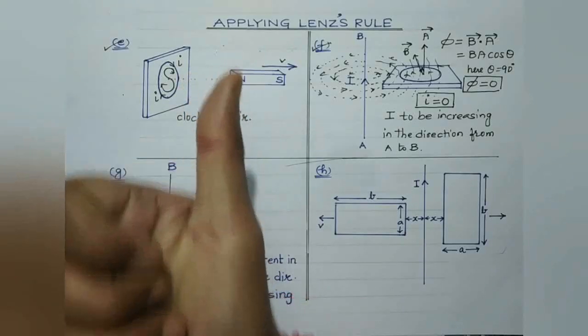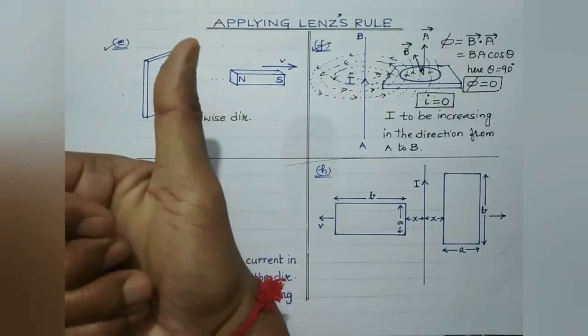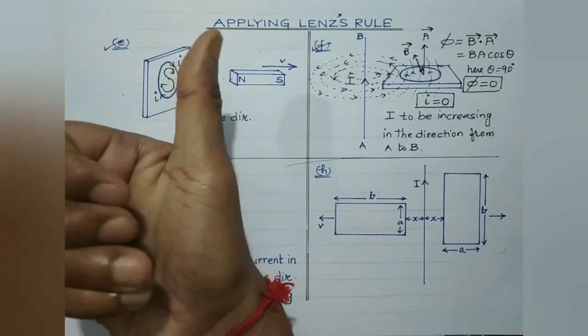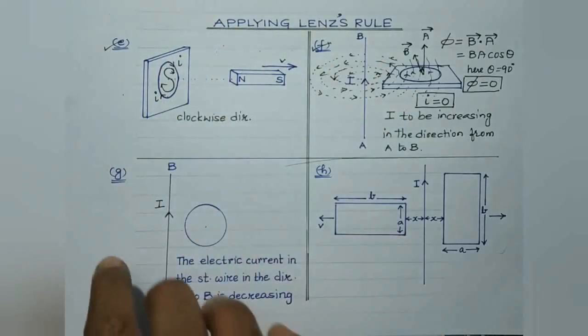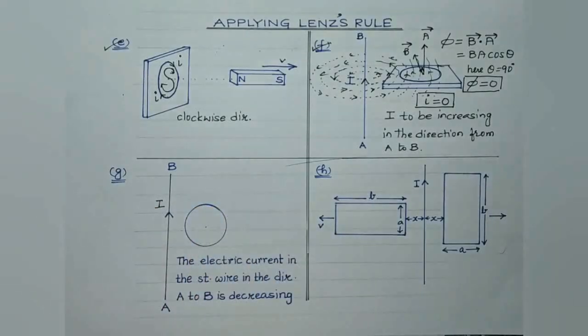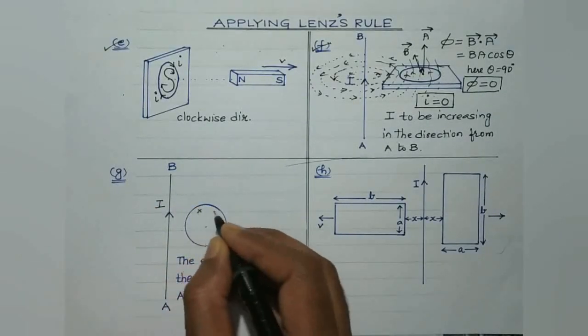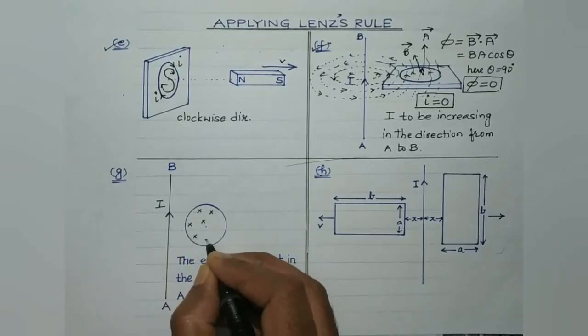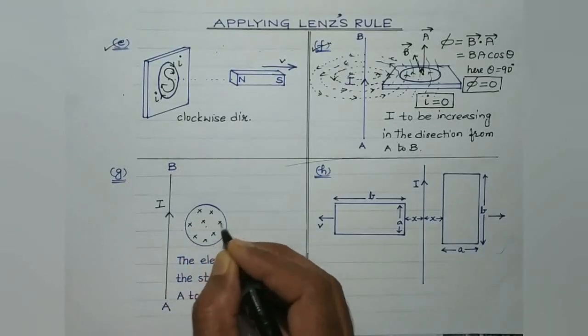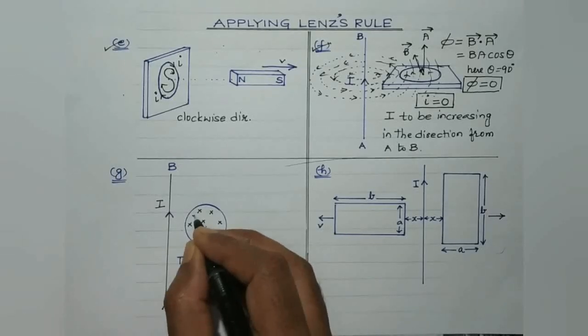Current is going along the direction of the thumb, and the direction in which the rest of the fingers curl gives the direction of the magnetic field. So it will be in the inward direction. I am representing it by cross. Cross represents the direction of the magnetic field perpendicular to the plane of the loop and directed inwards.